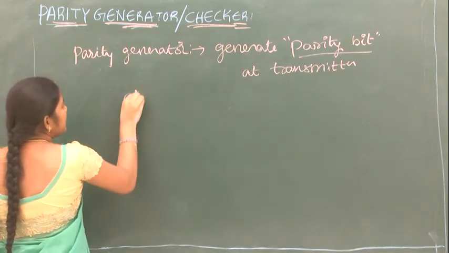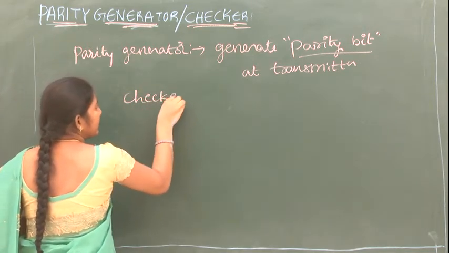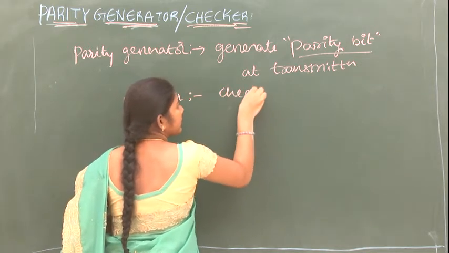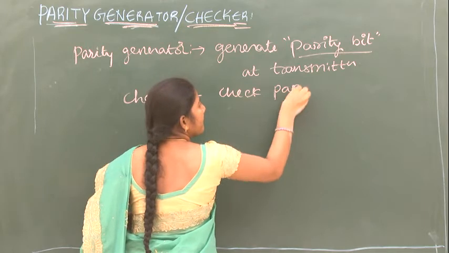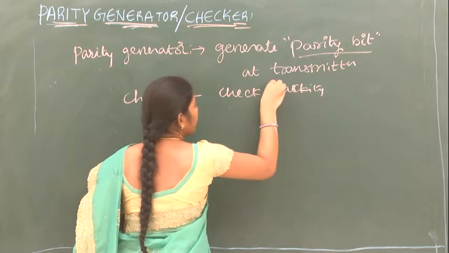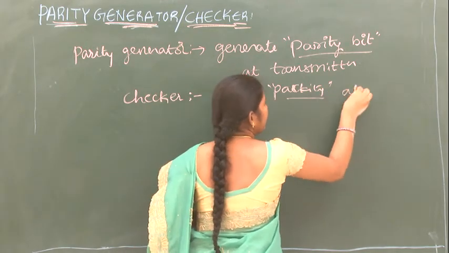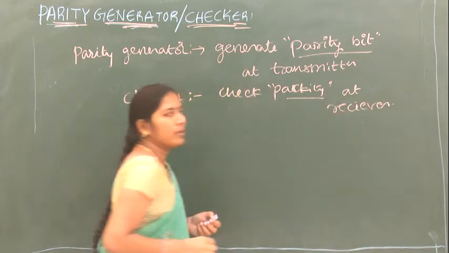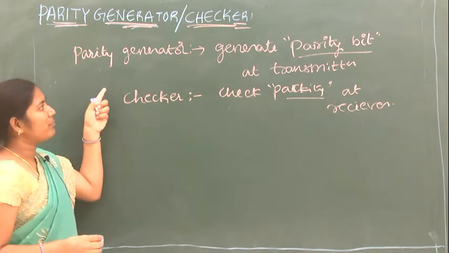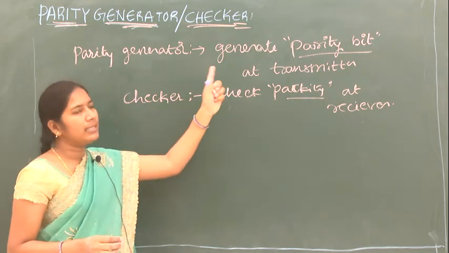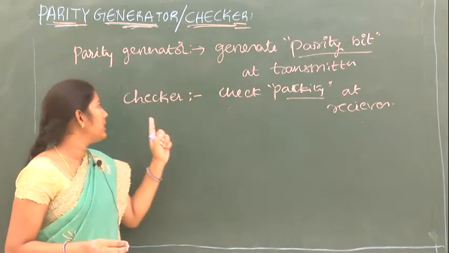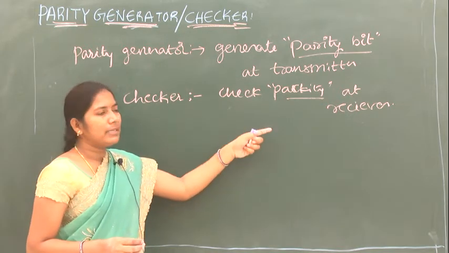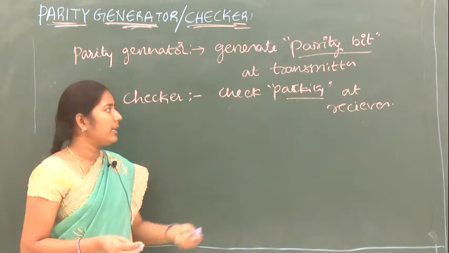Similarly, the purpose of parity checker is it will check the parity at the receiver. The purpose of the parity generator is to generate the parity bit at the transmitting end. Similarly, the checker will check the parity bit at the receiving end.